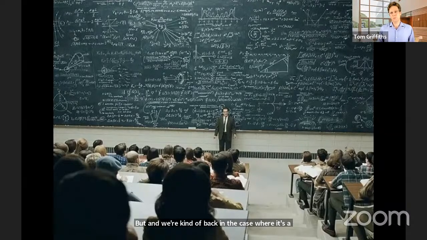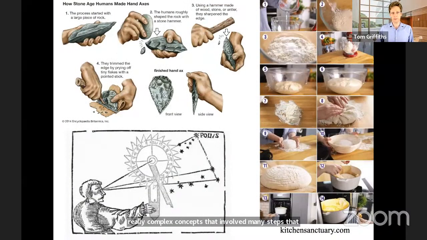And in particular, this kind of complexity, right? Trying to transmit really complex concepts that involve many steps actually characterizes a lot of the things that we're interested in in cultural evolution. If you look at things like making tools, navigation, making food, they all have a kind of complex algorithmic structure, right?